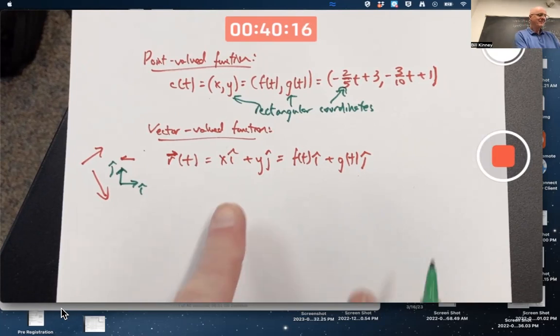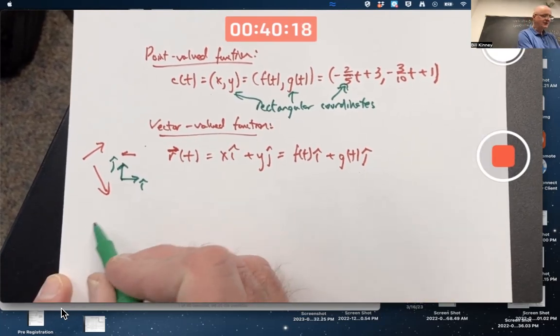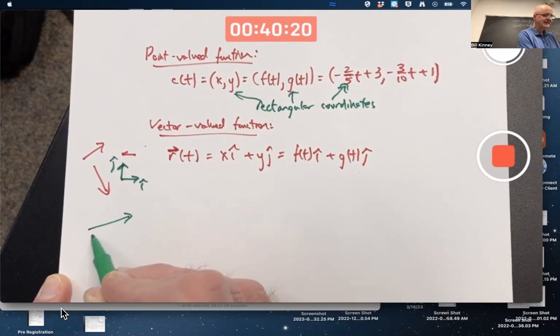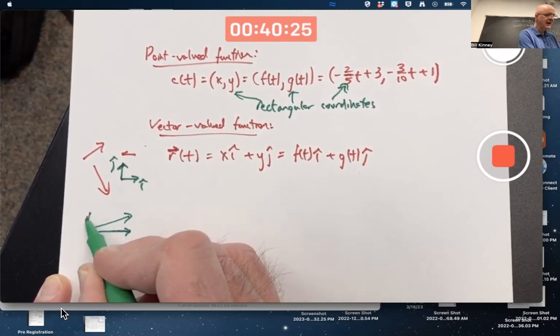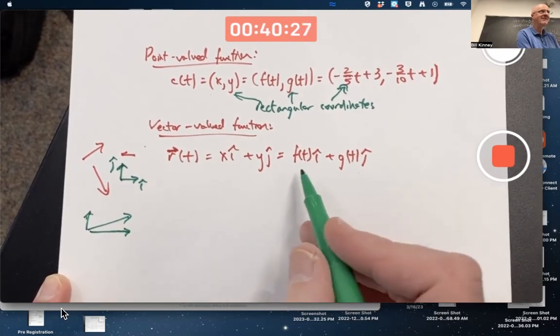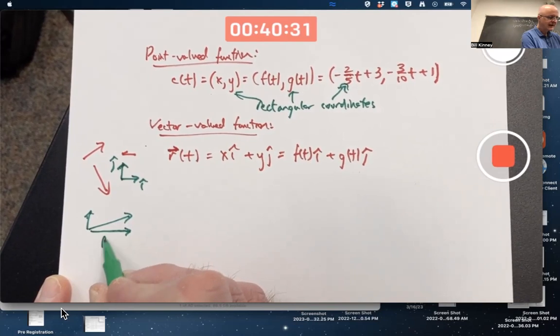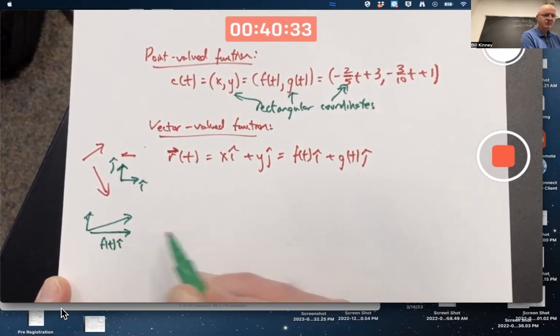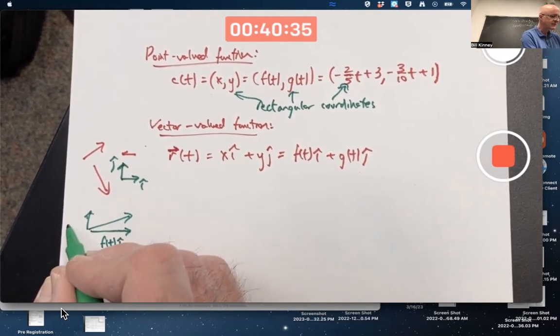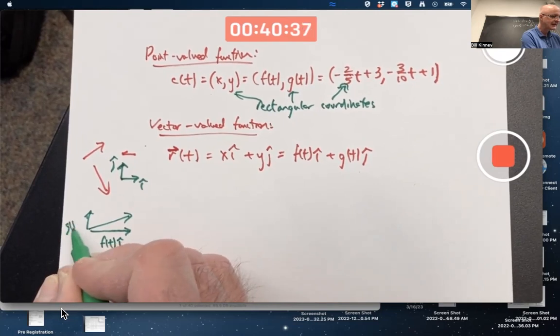And it turns out that an arbitrary vector can be written as some multiple of i hat plus some multiple of j hat, by what it means to add vectors. I'm not going to get into details. This vector would be f of t times i hat. Pretend t is some fixed number. And this vector would be g of t times j hat.